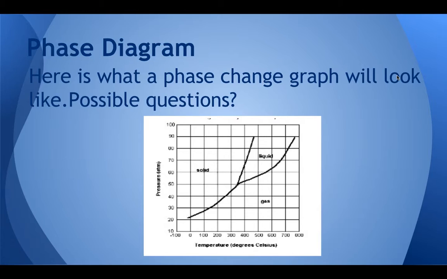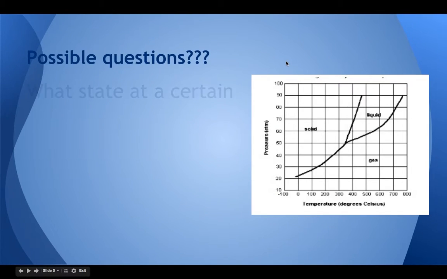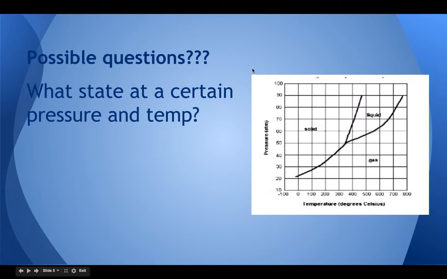Now the next diagram you're going to get is a phase change graph. It's probably going to look something like this. Possible questions that you might have: what state is it at a certain pressure and temperature? So I'm going to give you a pressure, let's say 70, and a temperature of 500. So, what is it? That's right, that's a liquid. Or I might say it's at 30 and 400.